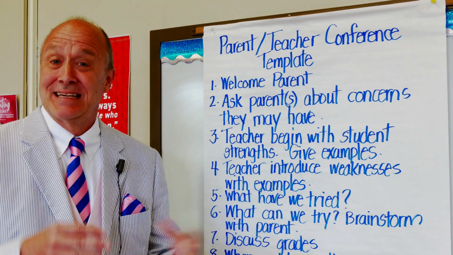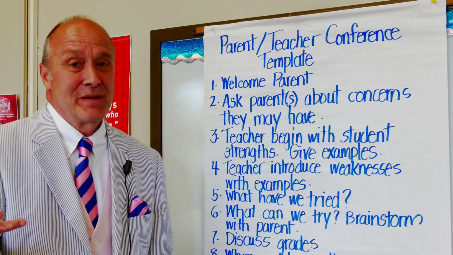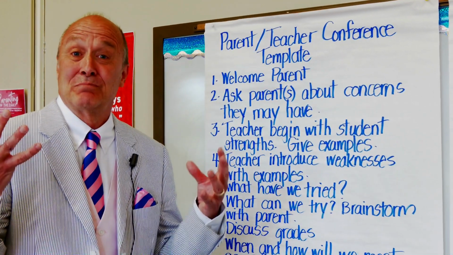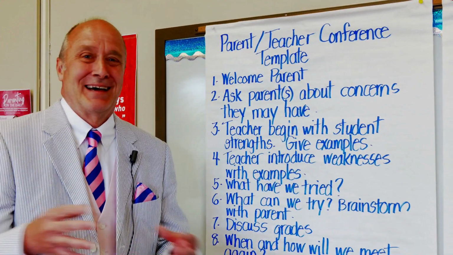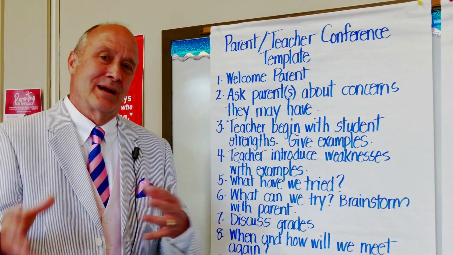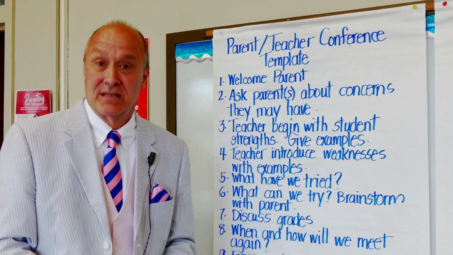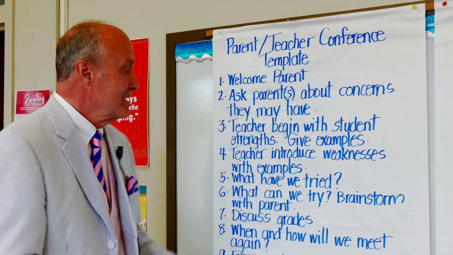And maybe they can give you some ideas. We have to remember that they are their child's parent that puts them to sleep every night and is aware of certain things that we may not see when we have 20-some other kids in the classroom.